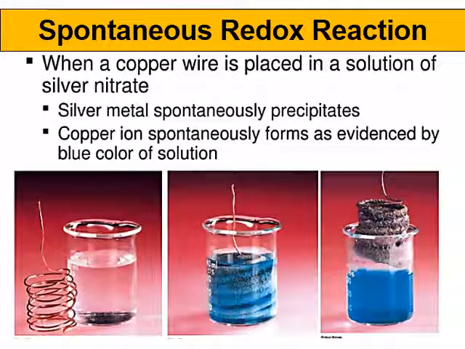Then when we talk about spontaneity, we have a copper wire placed in a solution of silver nitrate. Silver spontaneously precipitates, while copper ions spontaneously form, as evidenced by the blue color. If you look at this reaction, copper reacts with silver nitrate.